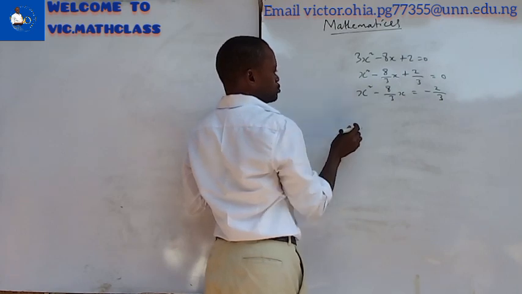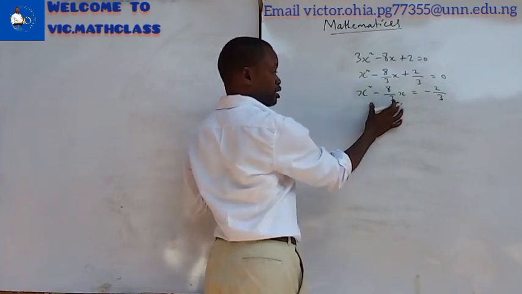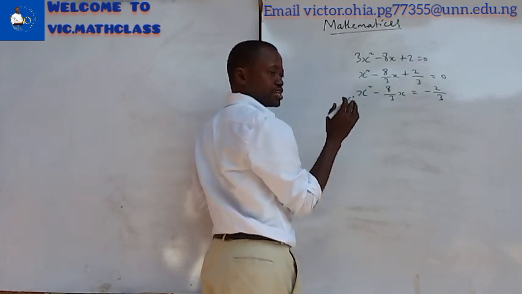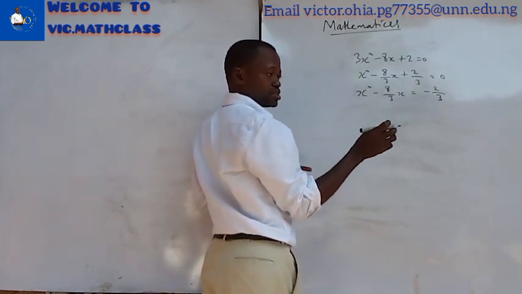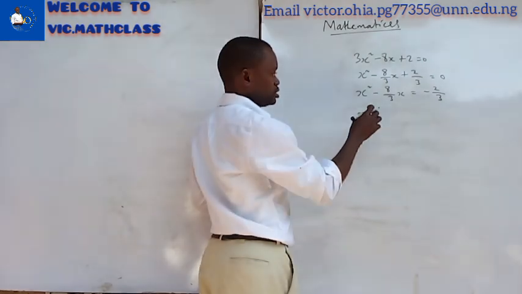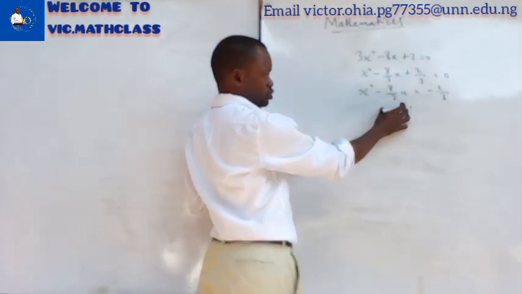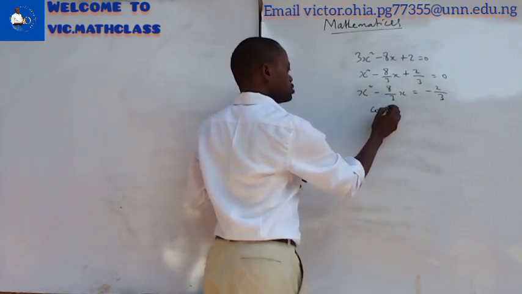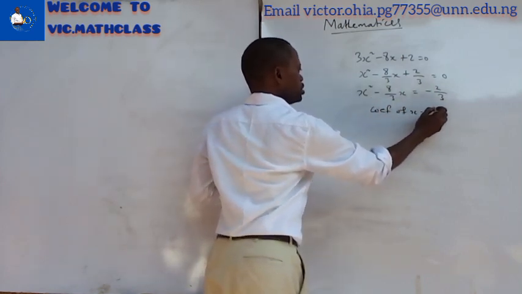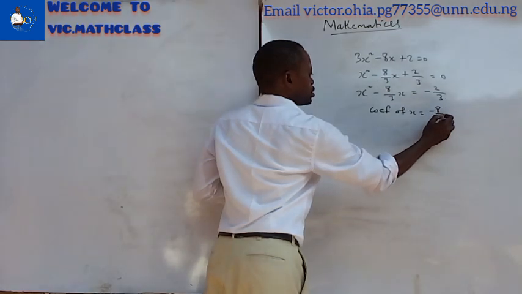What is the next thing? You make here to be a perfect square. Please, I did a class that I captioned understanding perfect squares. It's in the list. So please, you need to check out that class so that you can follow what we're doing here. So I have here coefficient of x being minus 8 over 3.